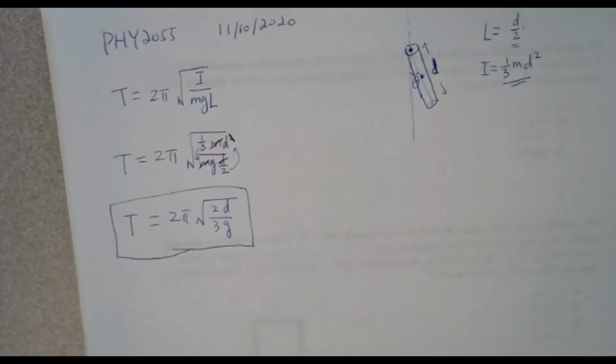All right. Just let me know if you have questions on this one. I think one of the submissions, you guys are very close. I think you're missing the 1/2 on the L. L is not the whole length of the object, but it should be the distance from the axis of rotation to the center of mass of the body.